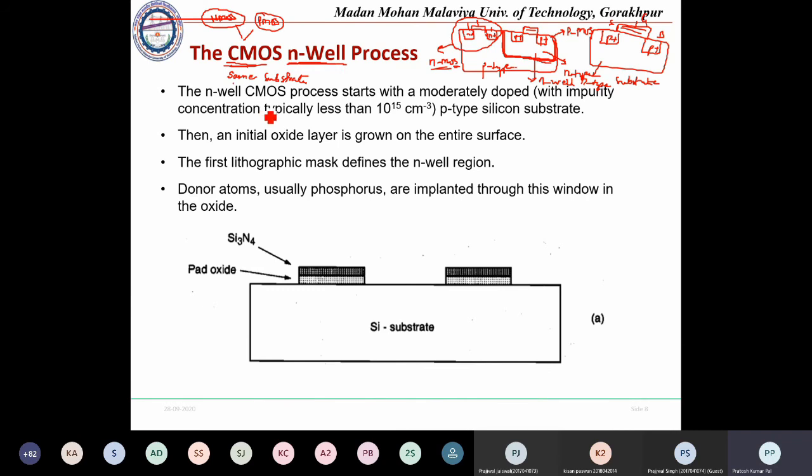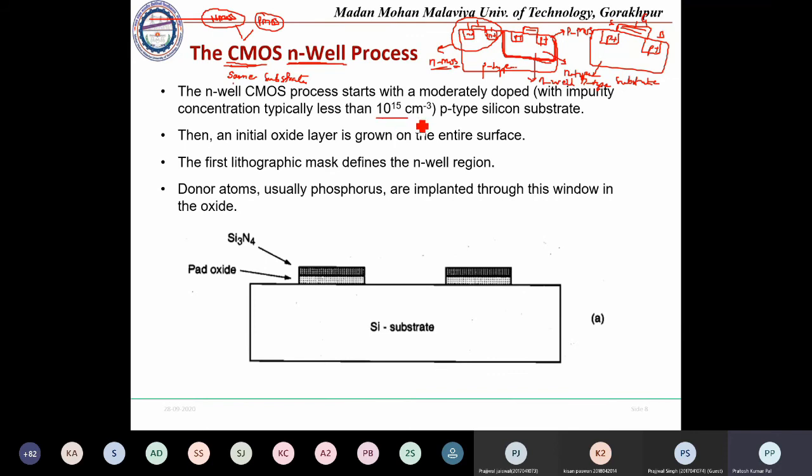The N-well CMOS process starts with a moderately doped P substrate, with impurity concentration typically less than this one.